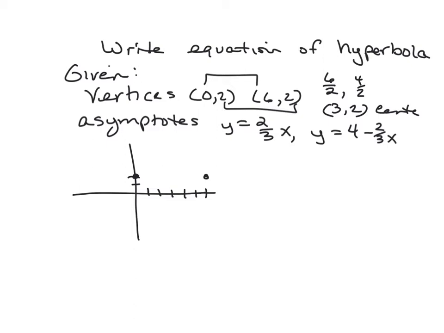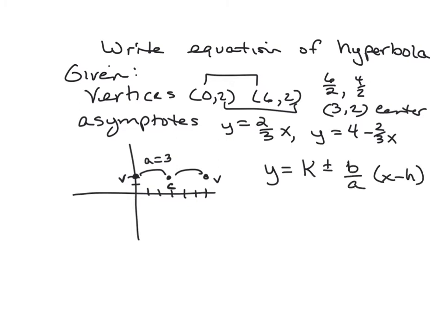So my center is at 3, 2. I can find my a value, which is the distance from each vertex to the center, and my a value here is 3. Now, if you recall from the notes, when we have an asymptote, it's y equals k plus or minus, since it's horizontal, b over a times x minus h.